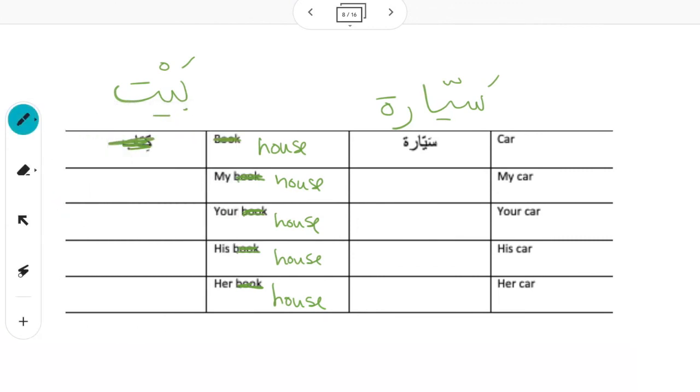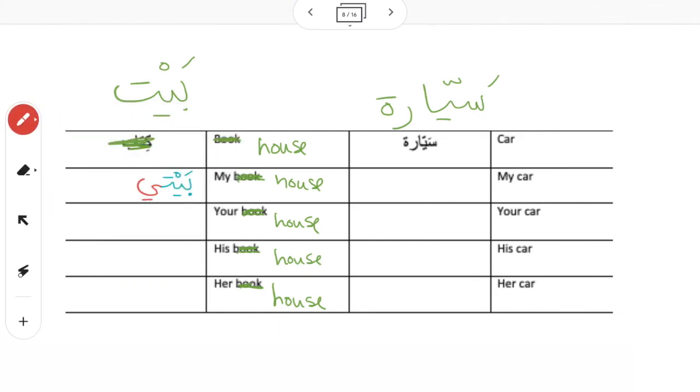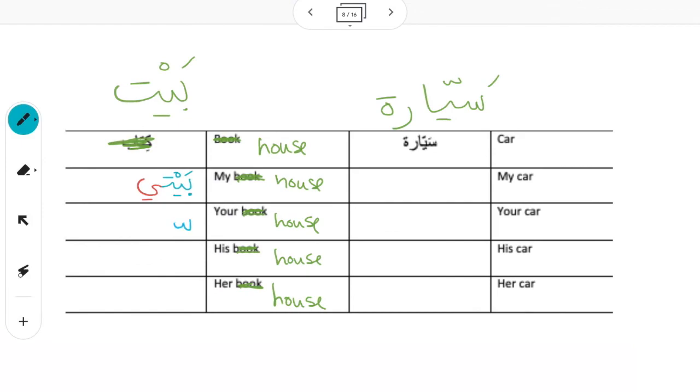Okay, so I'm going to start with bait, and then I'm going to do sayyara. So bait, I have the word bait here. And then I simply add the ya at the end. Baiti, my house. So for all of them, because the word bait connects, I'm going to keep it like this.